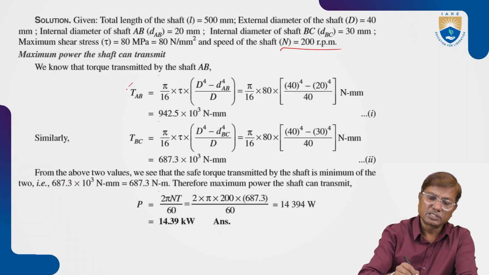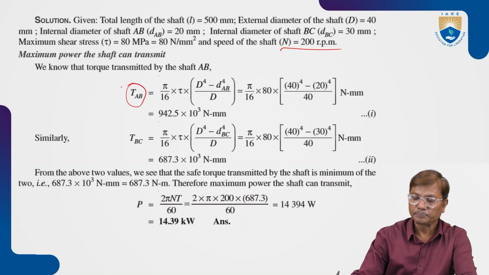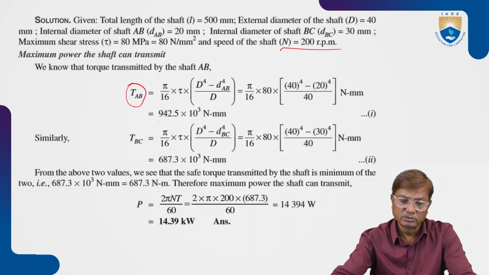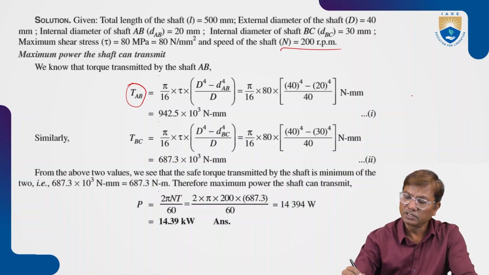The torque transmitted by portion AB will be pi by 16 tau into, or the section modulus, actually polar modulus. Polar moment of inertia is given as pi by 32 into capital D power 4 minus small d power 4.